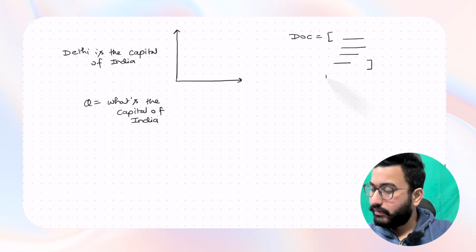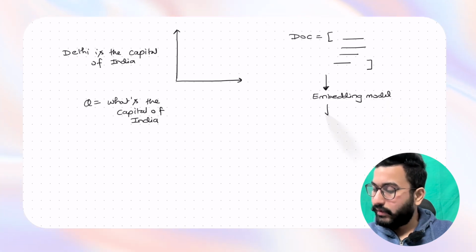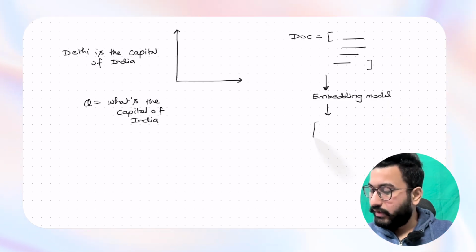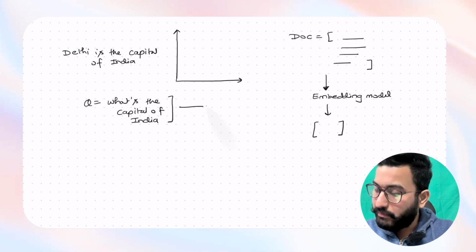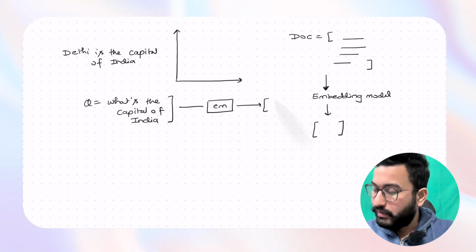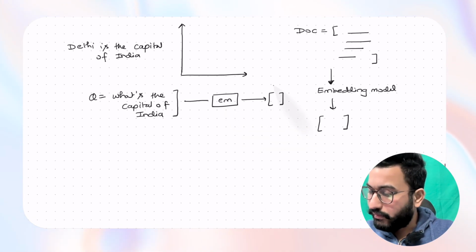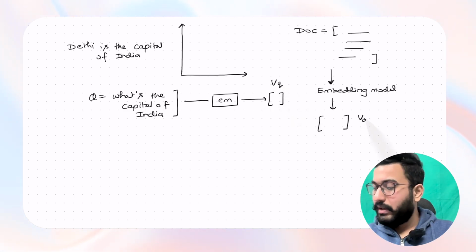I will give this to my embedding model and I will get the corresponding vectors. Now I will have my query, which is my question. I will again give it to the same embedding model and get a vector for this also. Now I will call this VQ, the query vector, and VD, the document vector.